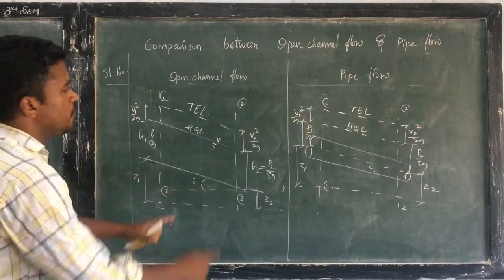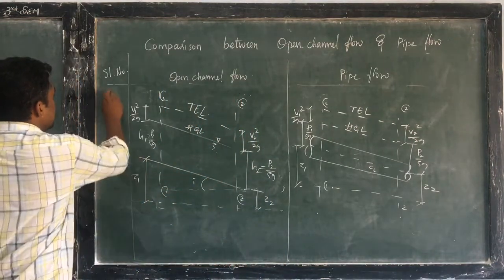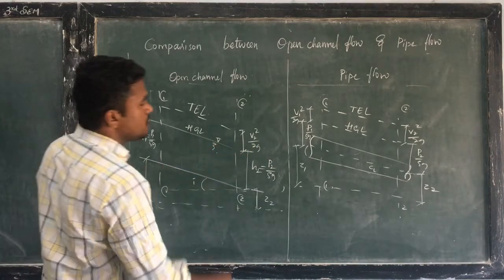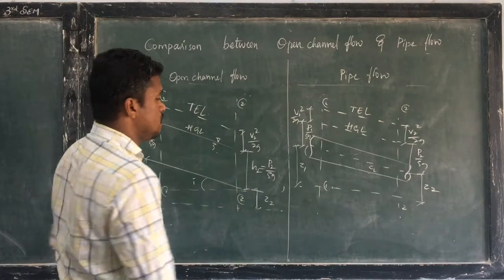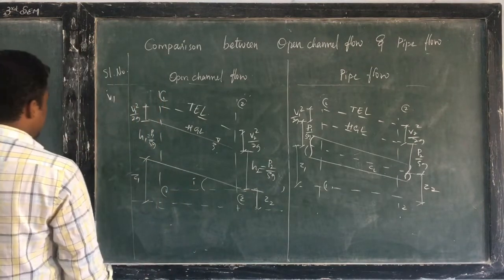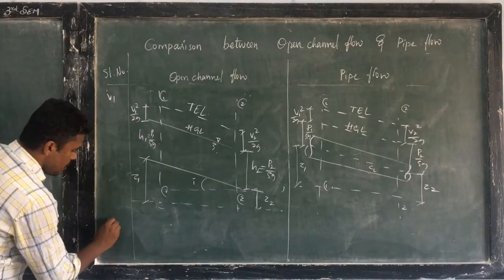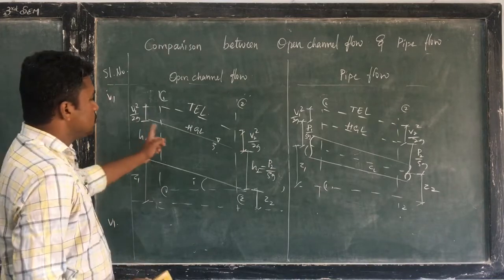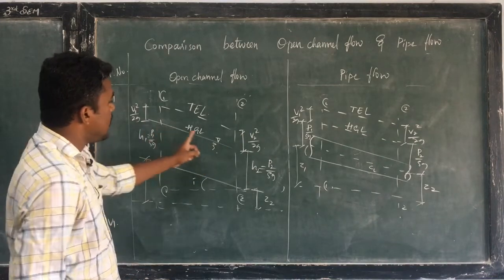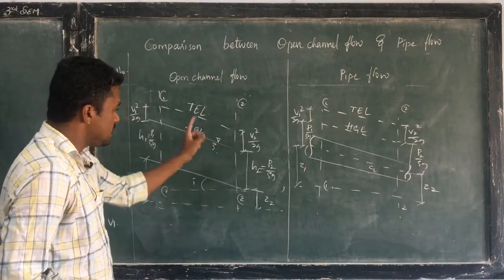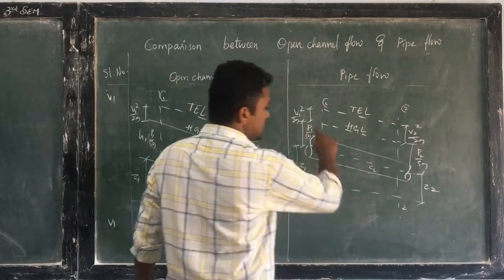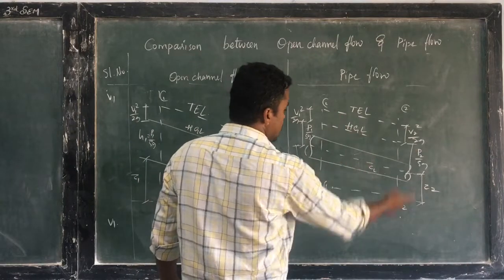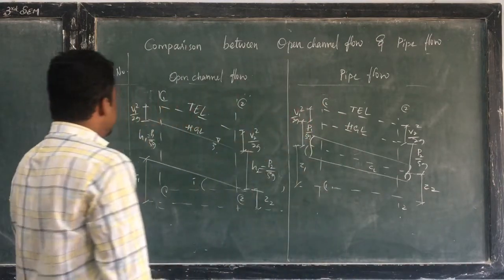If you take these two figures, then you will get some more points. The sixth point is that here atmospheric pressure is acting over the free surface, and here we can only see the pressure difference between two sections, and atmospheric pressure is considered as datum 0.